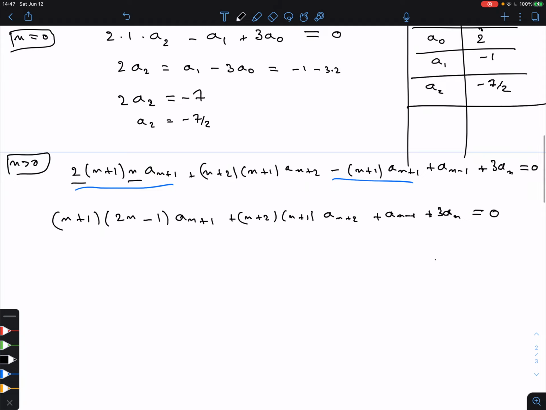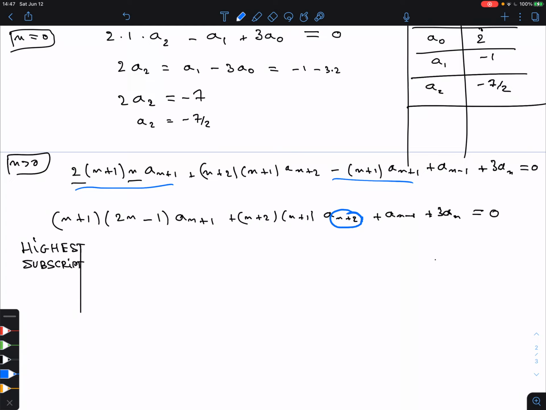Now, this is important. So what do we look for now? We look for the highest subscript. And the highest index here is the n plus 2. And we solve for that one.